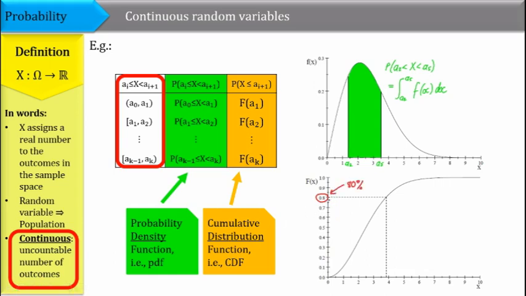The 0.8 means that this is the point up to where I've accumulated 80% of my data. I'll move across until I cut my CDF curve, and I'll move down. So that means that I've now isolated 80% of the data on the left, in other words the smallest 80%, and that will be my 80th percentile.